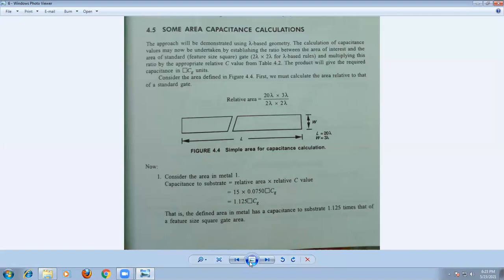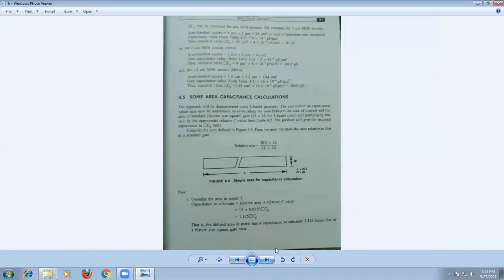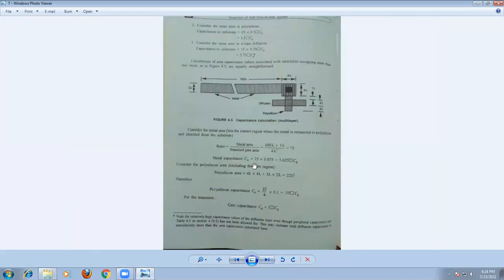But from the table, you have to consider poly to substrate capacitance. In five micrometer technology, the actual value is 0.4, but the relative value is 0.1, unitless. So you can substitute 15 into 0.1 square Cg.